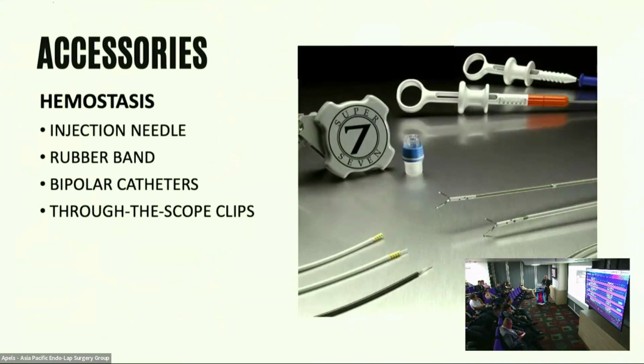For hemostasis, just an example, we have needles and clips and rubber band ligators, bipolar catheters. So there's a gamut of catheters that we can use to be able to deliver therapy in the most minimally, in quotation marks, invasive way through the endoscope.